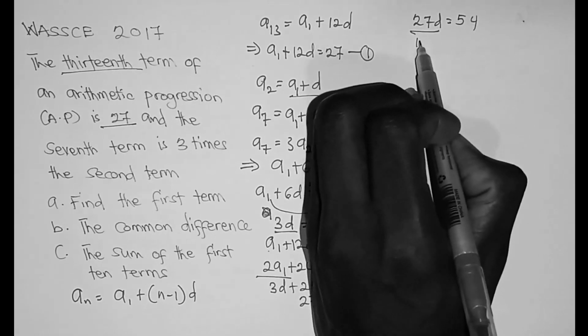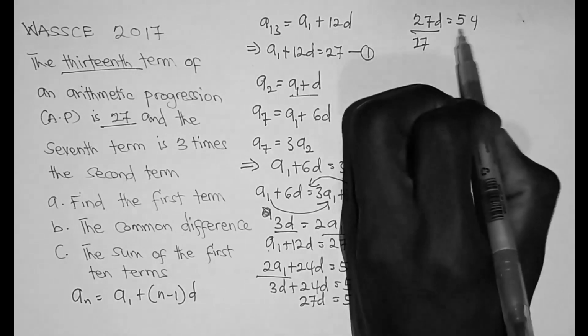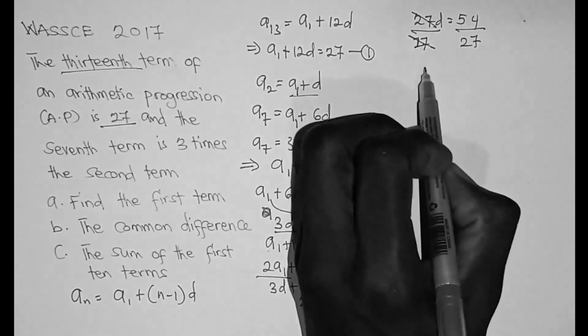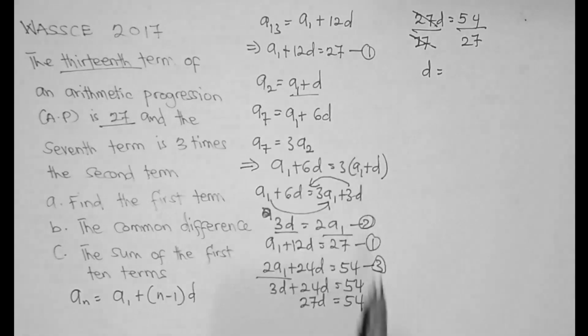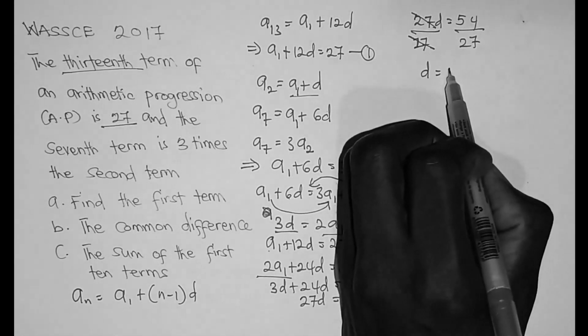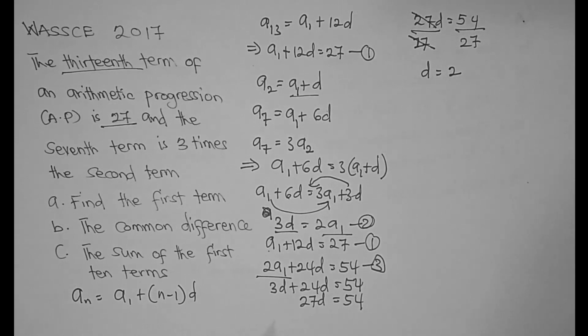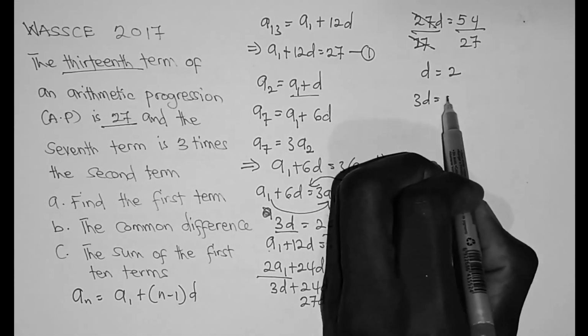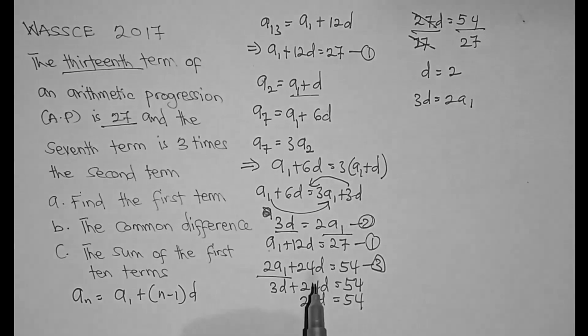So let's divide through by 27. Divide here too by 27. So this and this cancel. At the end of the day, d is equal to 54 divided by 27, and that is 2. So d is equal to 2. Since we know d is equal to 2, from equation 2 we said that 3d is equal to 2A1.